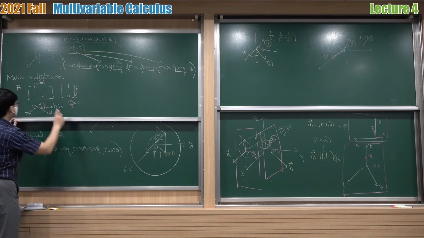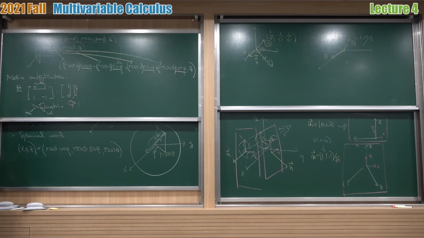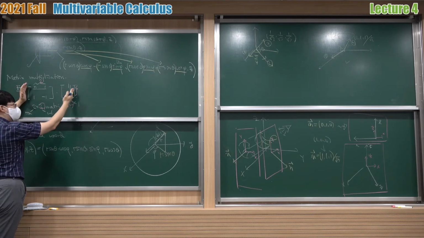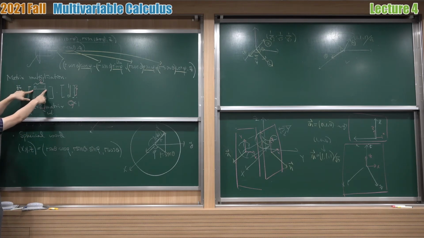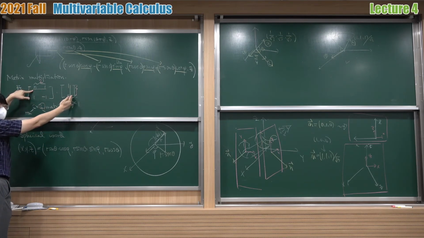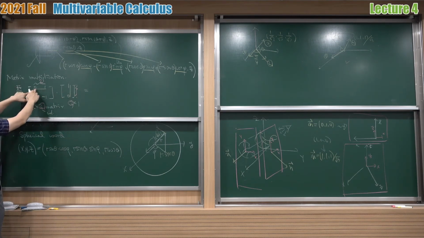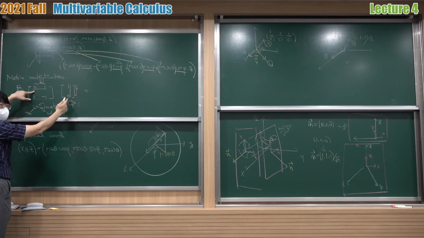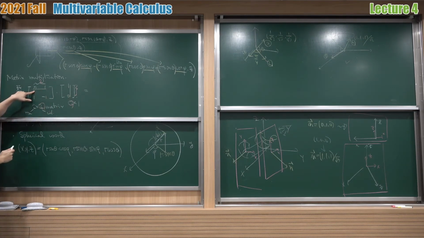The way you compute this is to choose a row in the first matrix and a column in the second matrix. So you choose the first row and first column in each matrix. And then, since there are the same number of elements in the row and column, you multiply each element and add them all.